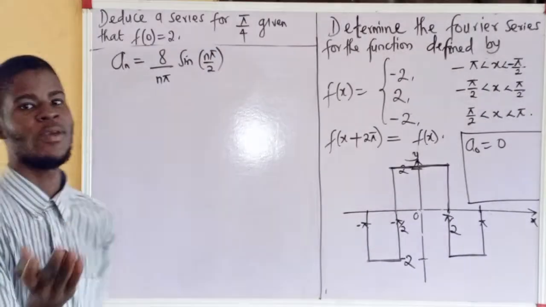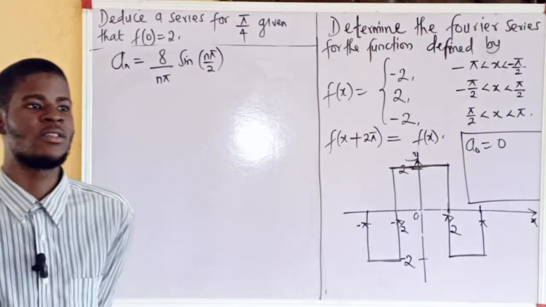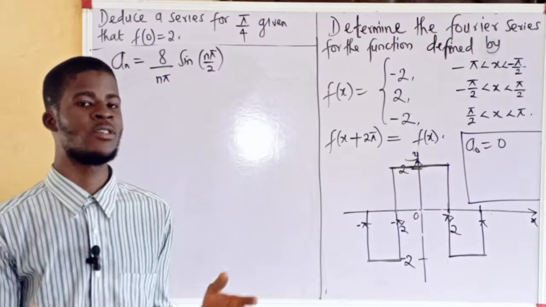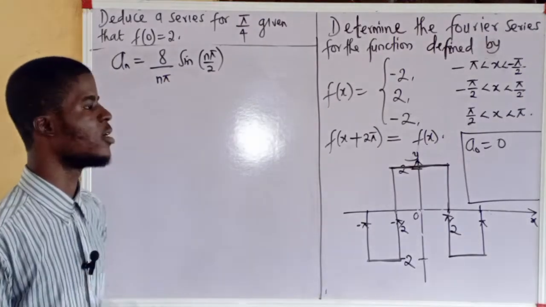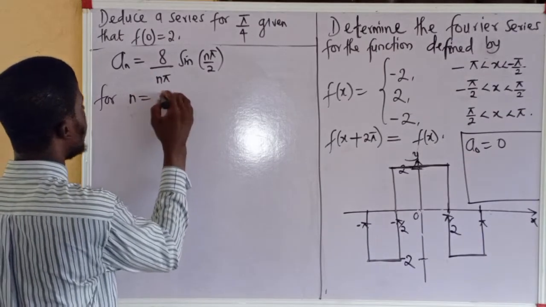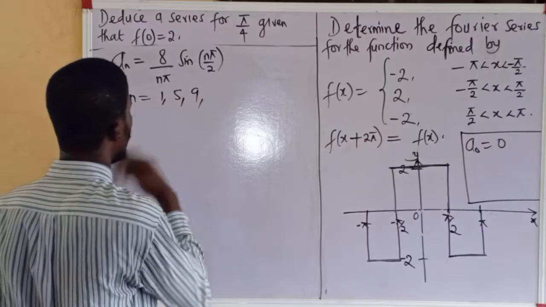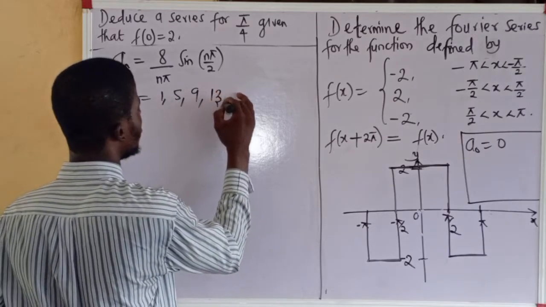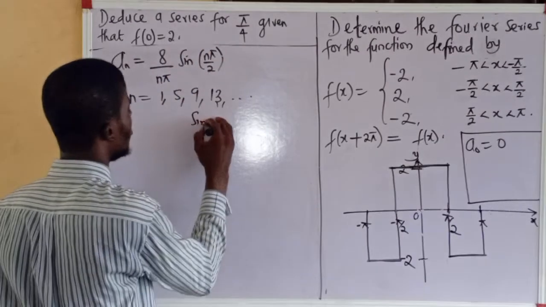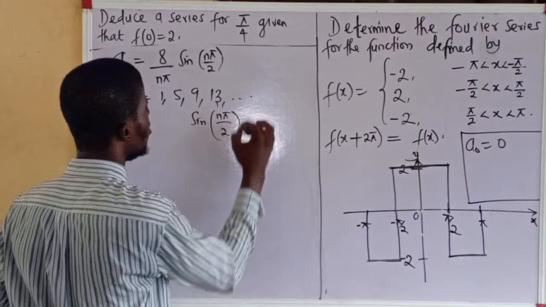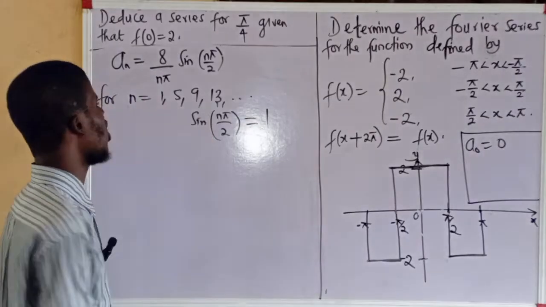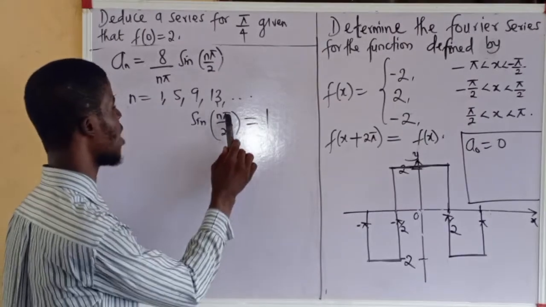So let us determine the behavior of a sub n at different values of n. n equal to 1, 2, 3, 4, 5, 6, 7, and so on. Now this is it. For values of n equal to 1, 5, 9, add 4, that's 13, and so on, sine n pi over 2 is always equal to 1. For example, plug in 1 here. That will be 1 times pi over 2, which is pi over 2.